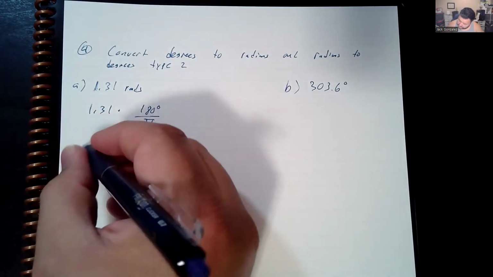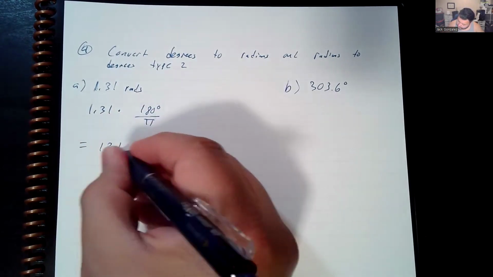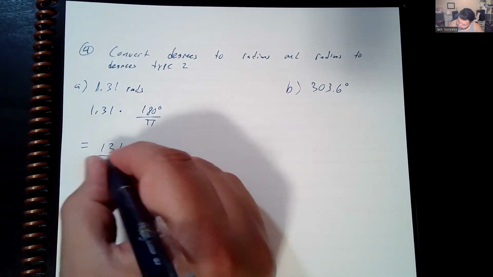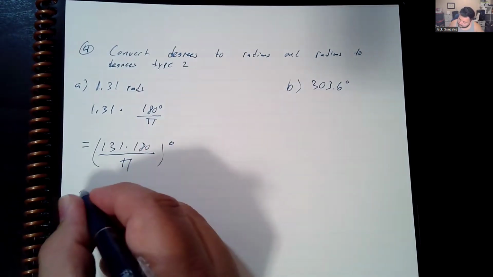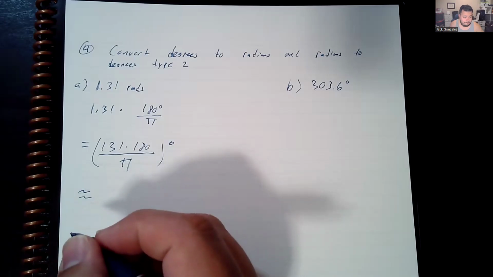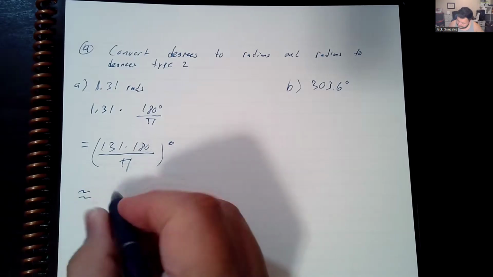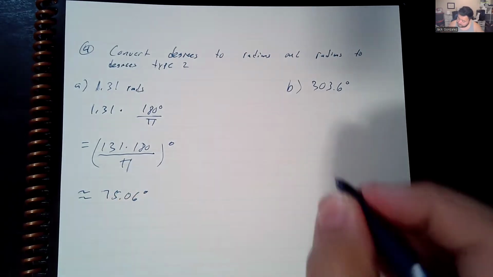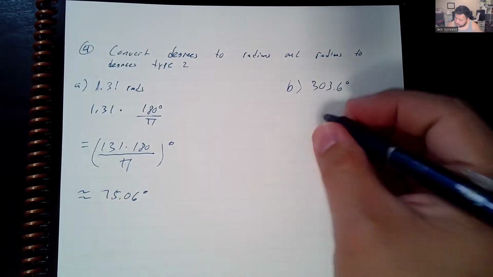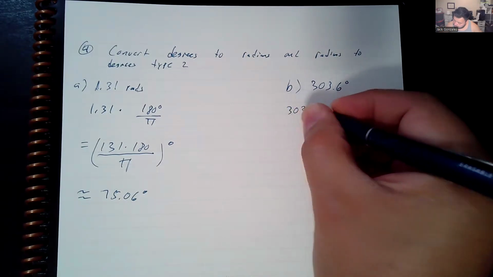So I have to just do this all at once. So the result will be in degrees. So calculator time: 75.06 degrees.